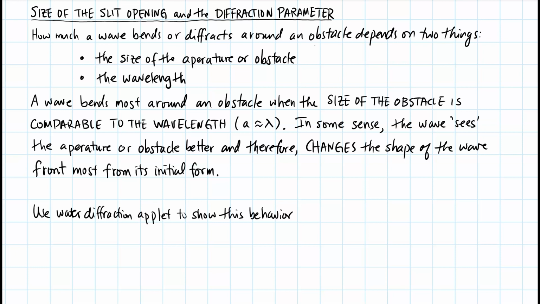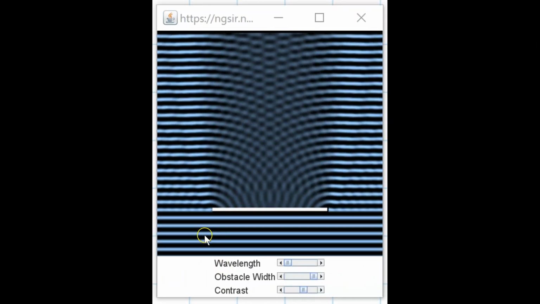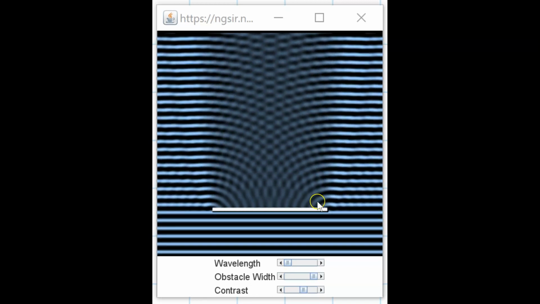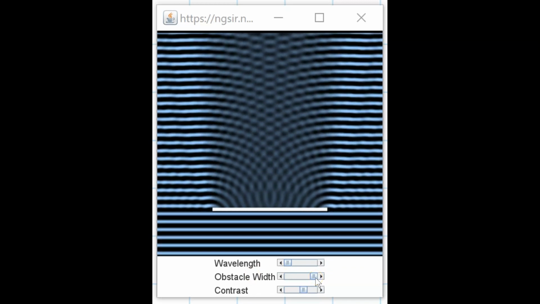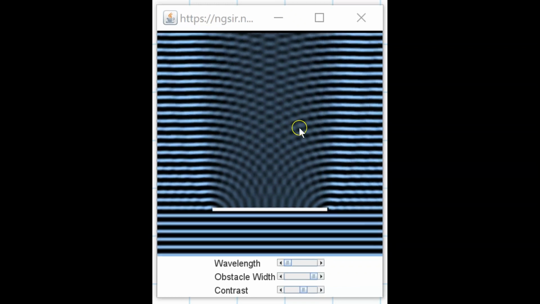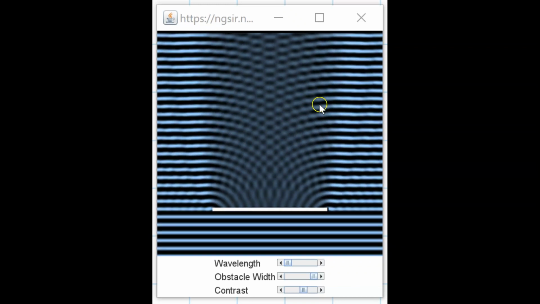I'm going to use the water diffraction applet to show this behavior. So what you're seeing here is that if you compare the wavelength, which is at its smallest value, and you compare the obstacle size, or the width, which is very large, you're seeing here that there is a strong shadow region in the back where the waves do not diffract well behind the barrier.